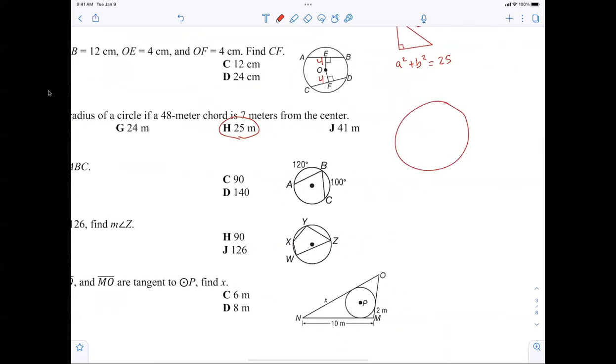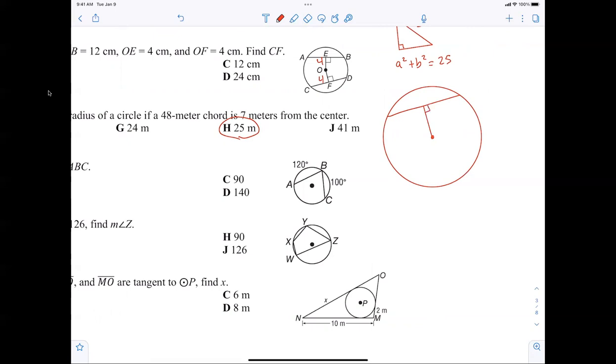Now, just in case you forgot, if you draw a circle and you make a chord, and draw this from the center to the chord, it makes it perpendicular, correct? So if this is 7, that makes that 24. And then you want the radius. So it's just the triples, 7, 24, 25. Everybody okay with that? Everybody's good?